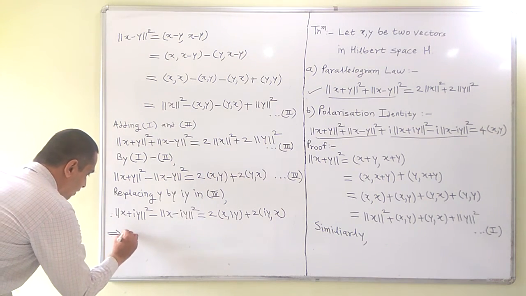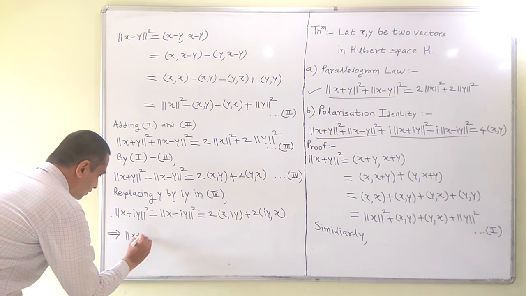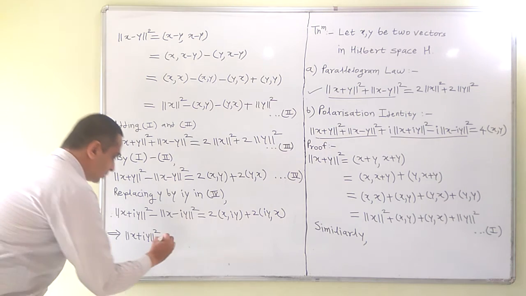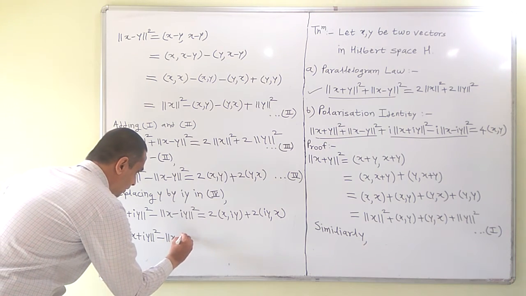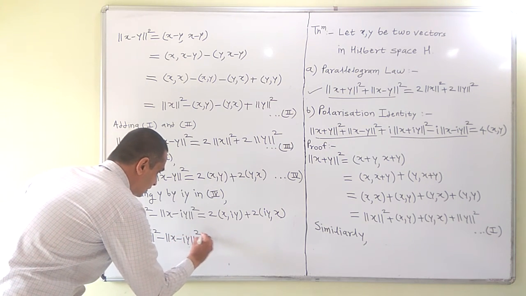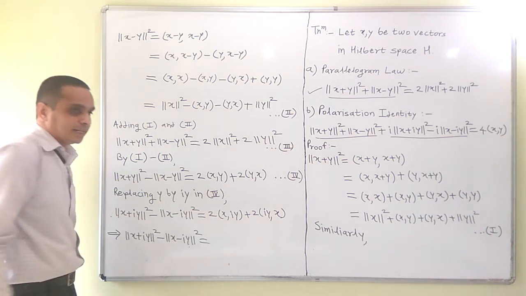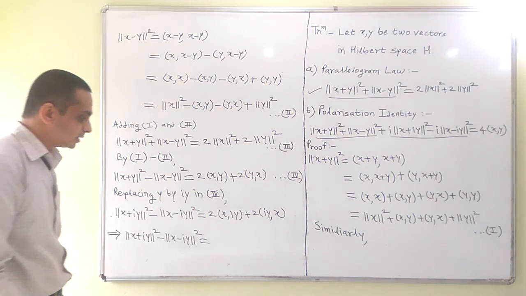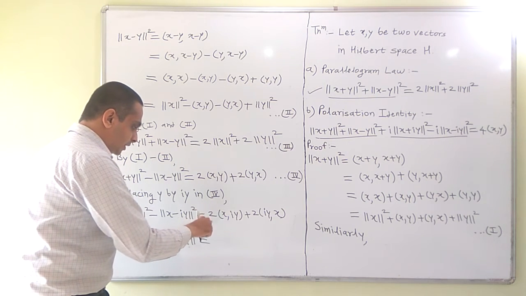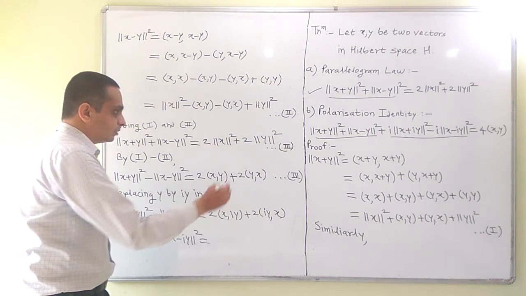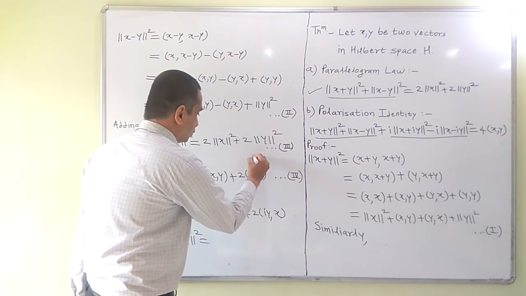This gets simplified to norm of x plus iy square minus norm of x minus iy square equals, if I take i outside from the second term of the inner product, I get i conjugate. But what is i conjugate?